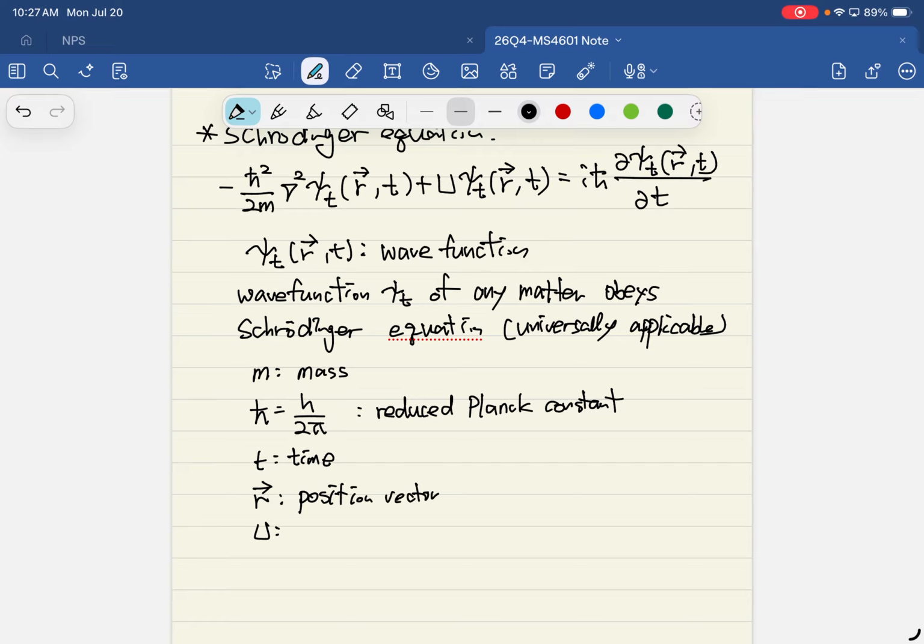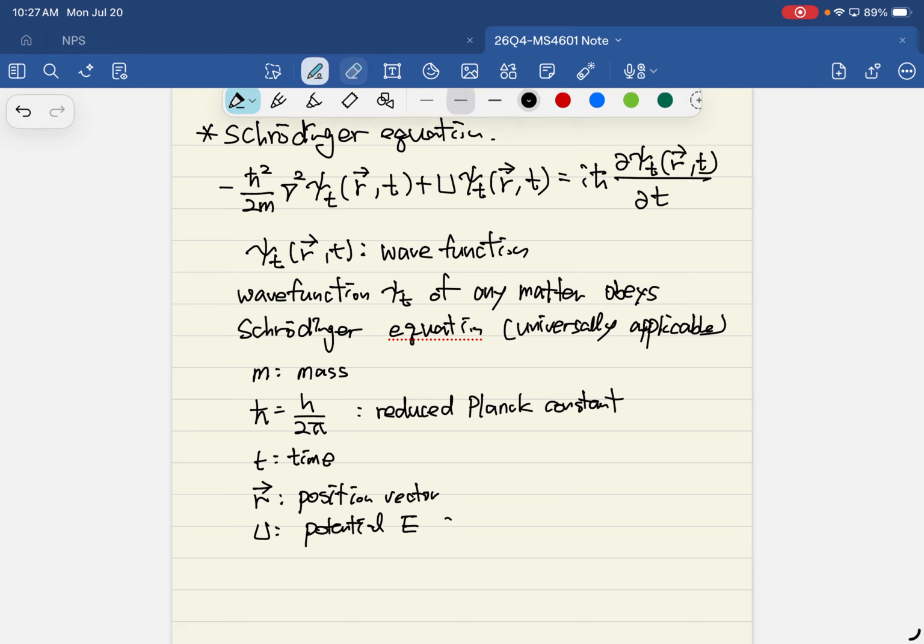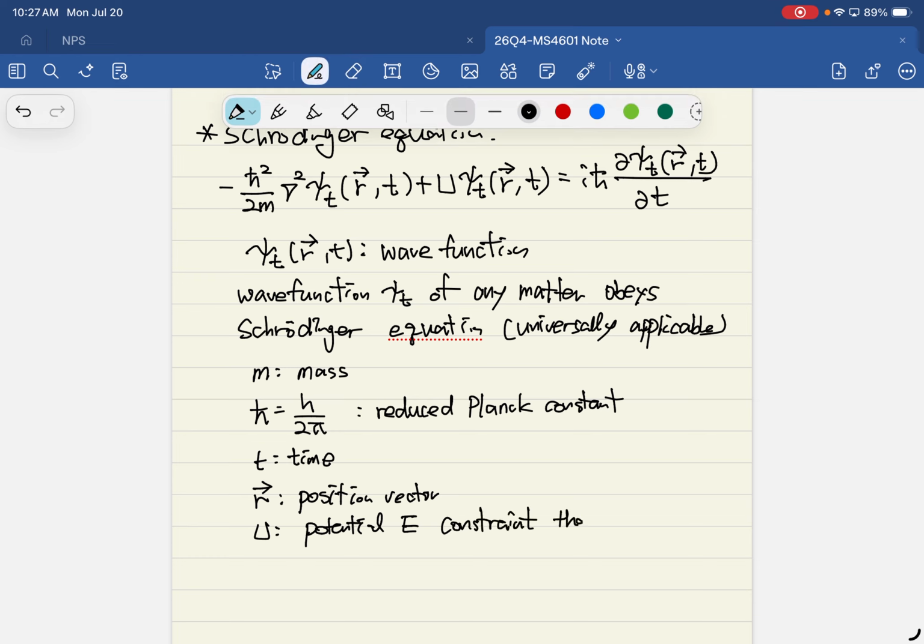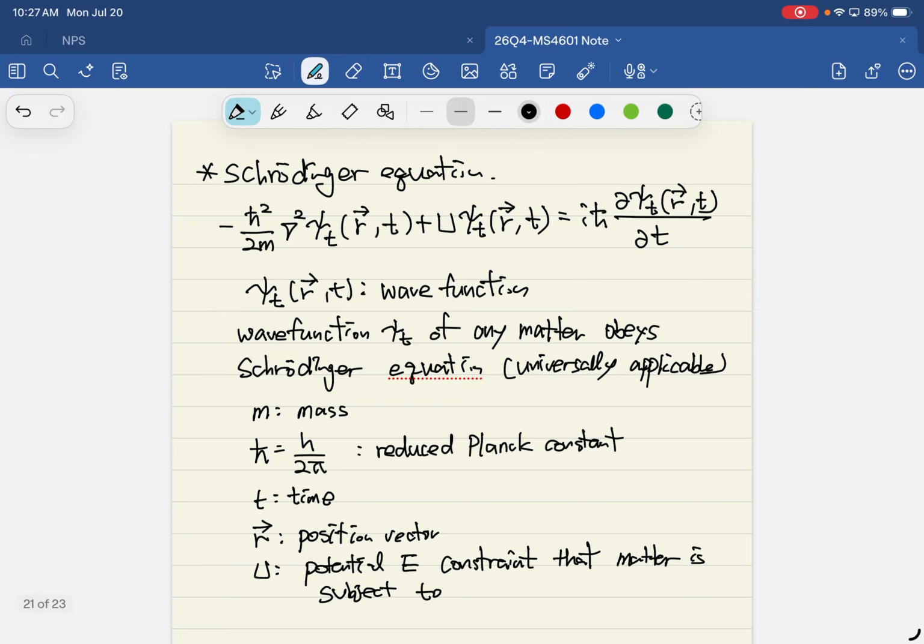U is the potential energy constraint that matter is subject to. You can think of this as a kind of barrier. We are going to talk about that.